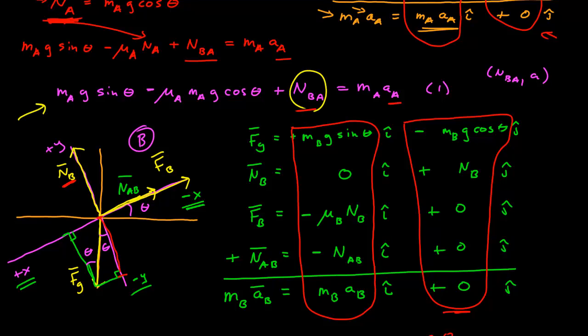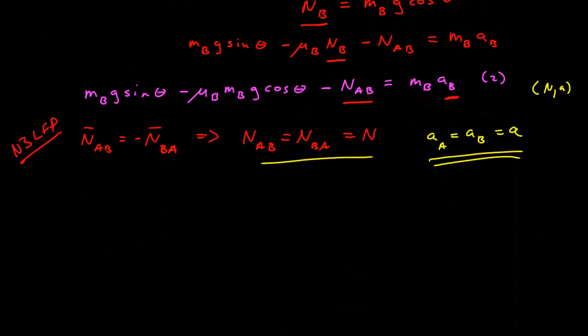If I rewrite that down here, I end up with the normal force, which is equal to the normal force of A on B, equal to B on A, is equal to the mass of A times a plus the coefficient of friction on A, m sub A g cos theta, minus m sub A g sine theta.